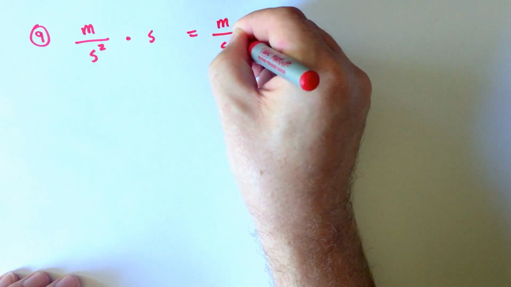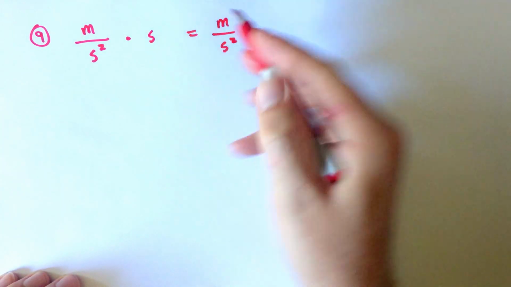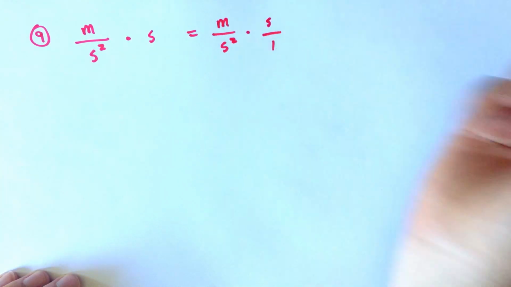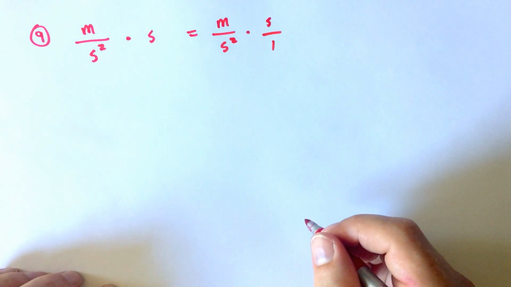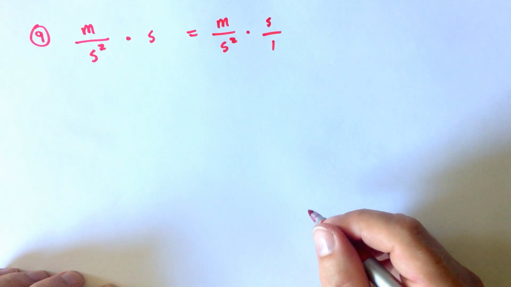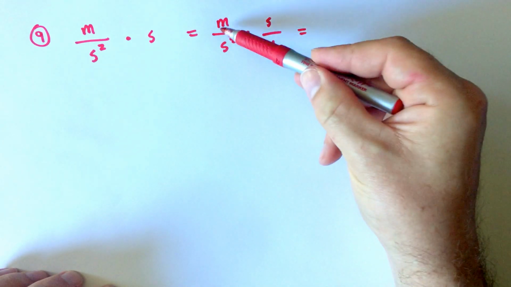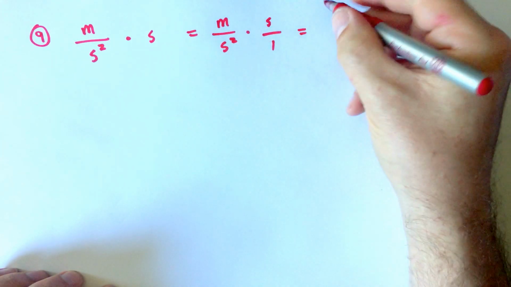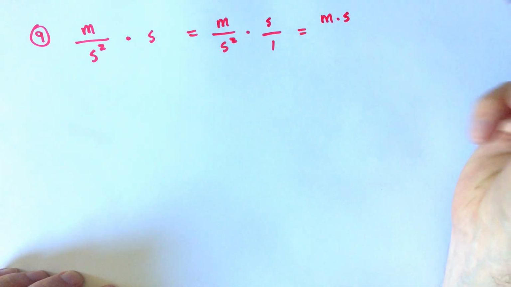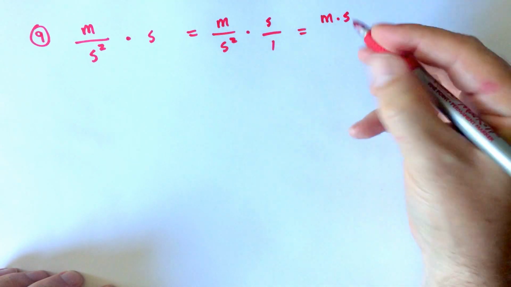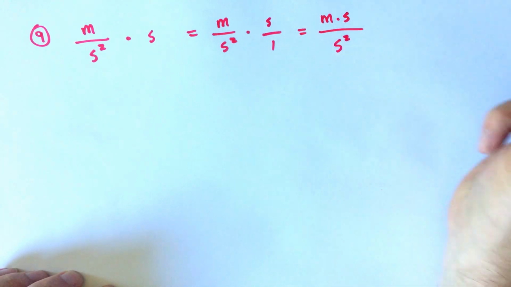Meters over seconds squared times, instead of just seconds, I'll put seconds over 1, just to hold the place there. Move it into the numerator. When I multiply fractions, I just multiply the numerators. Meters times seconds gives me meters times seconds. Seconds squared times 1 just gives me seconds squared.